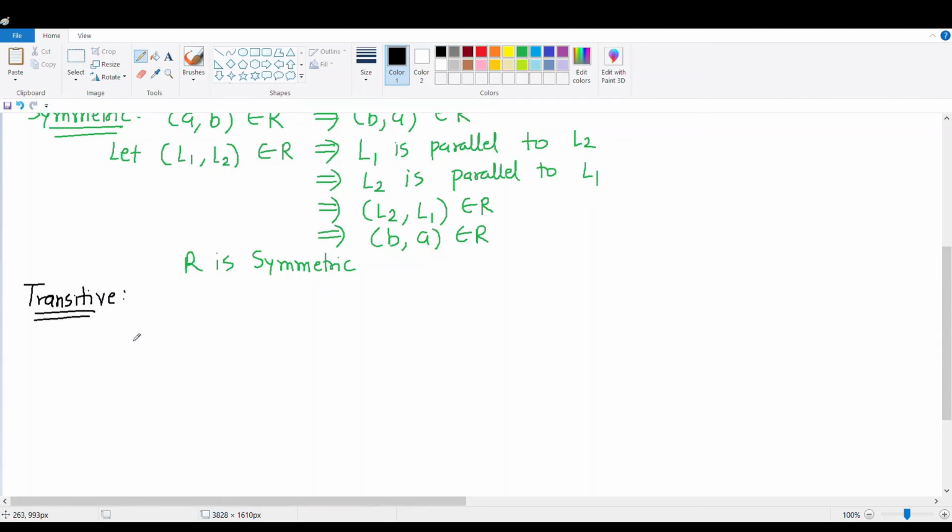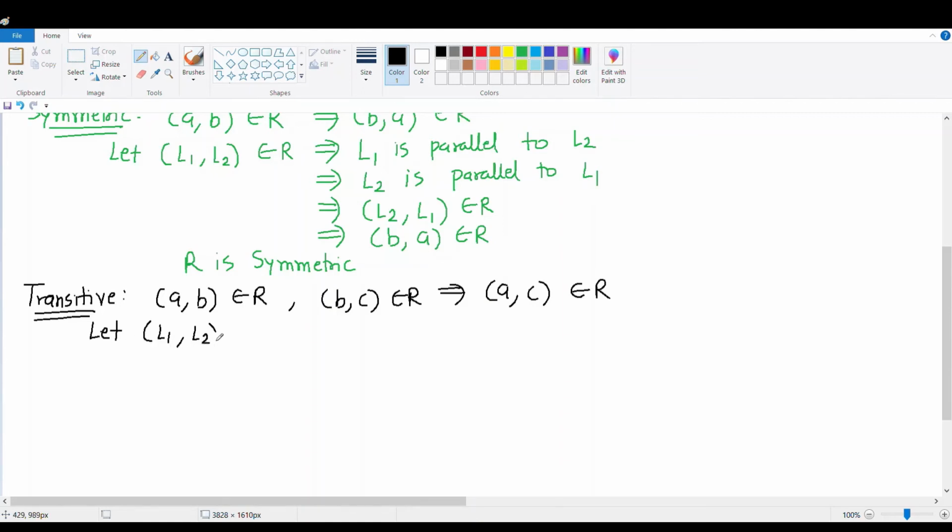So the definition for transitive is what? That if you have (A, B) belongs to R and (B, C) belongs to R, you must have (A, C) belongs to R. So for this case, let (L1, L2) belongs to R and (L2, L3) belongs to R. Now if L1 and L2 belong to R, that means what?